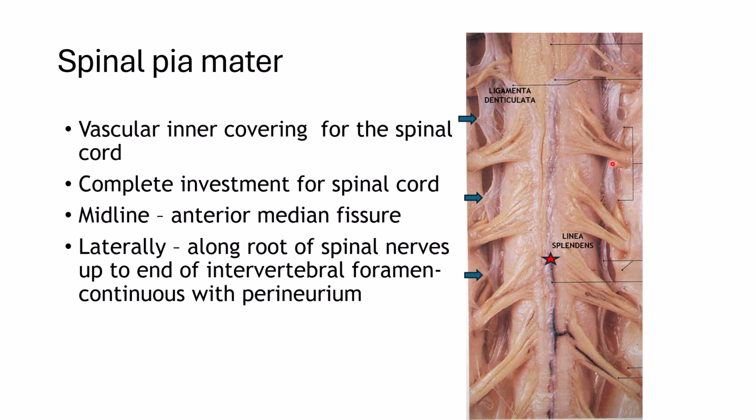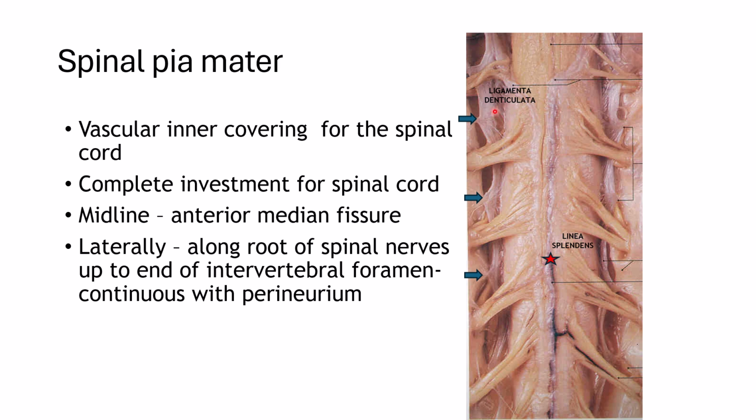In the midline is the anterior median fissure with the linea splendens. Laterally, in between the ventral and dorsal roots, you see tent-like extensions of the pia mater, indicated by these arrows, known as the ligamenta denticulata.